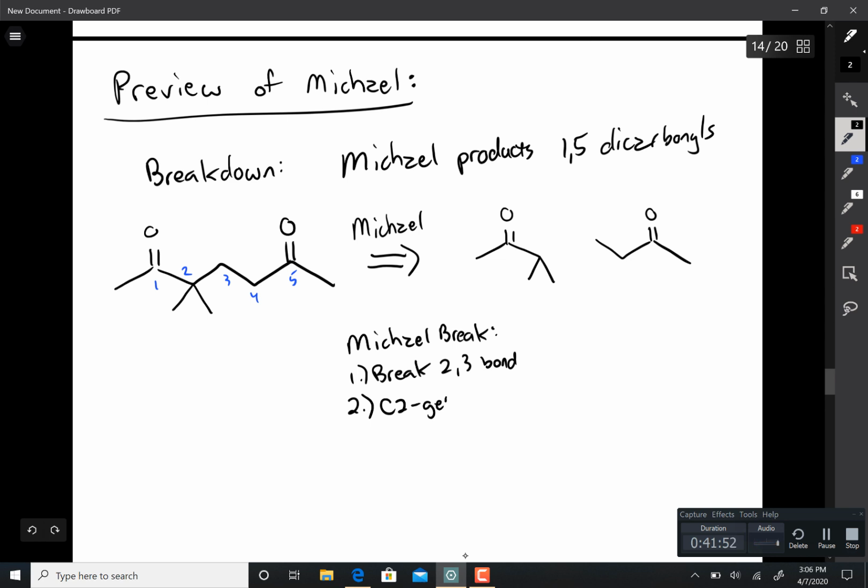Carbon 2 gets a hydrogen. That's just like the Claisen breakdown, just like the aldol breakdown. The third one, what makes them different, is carbon 3 and carbon 4. They get a pi bond. So here's 1, 2, 3, 4, 5. 3 and 4 get a pi bond.